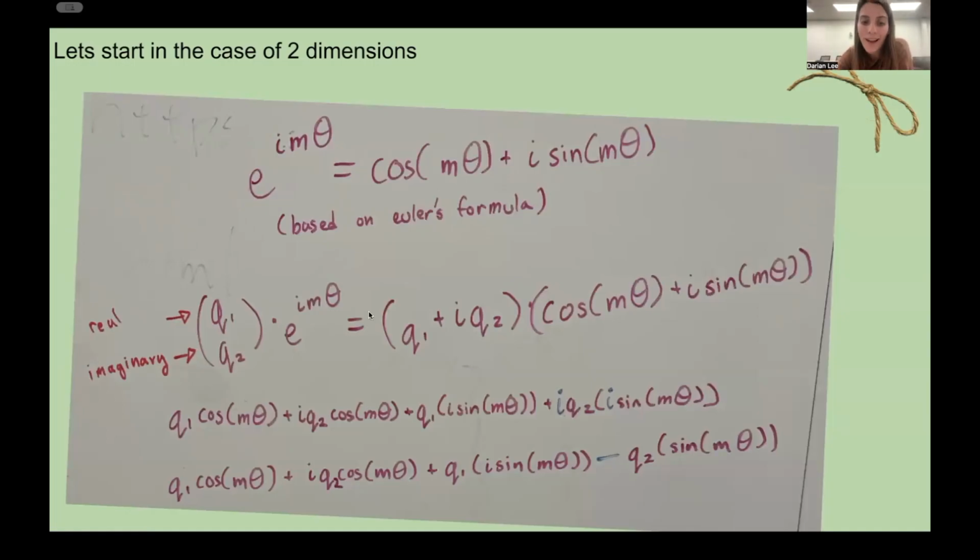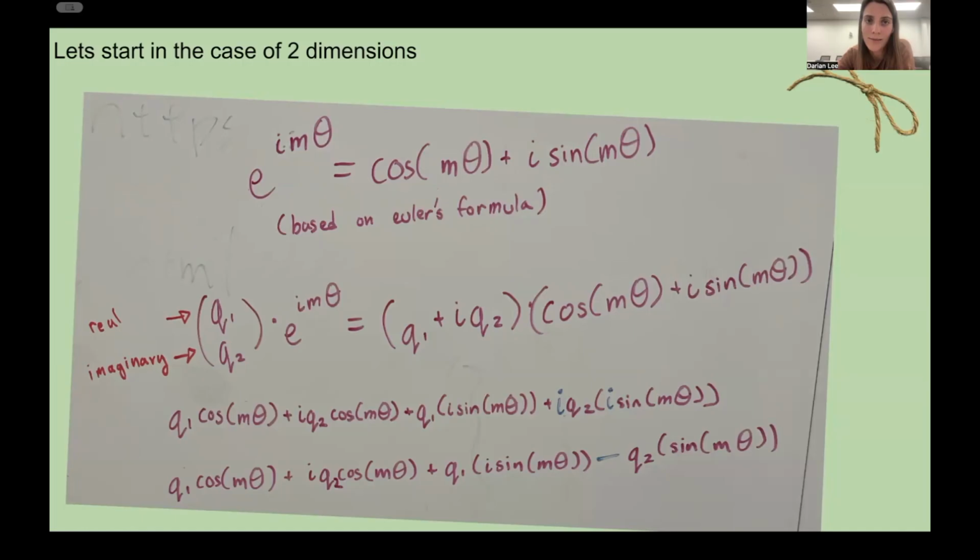After we factor everything out, so Q1 times cos m theta, iQ2 times cos m theta, and so on, we end up with this term, and we get two i's, so we can simplify this into -1. And if you look at this term, you might notice something. Essentially, we're trying to figure out how we can represent this term as a vector, right?